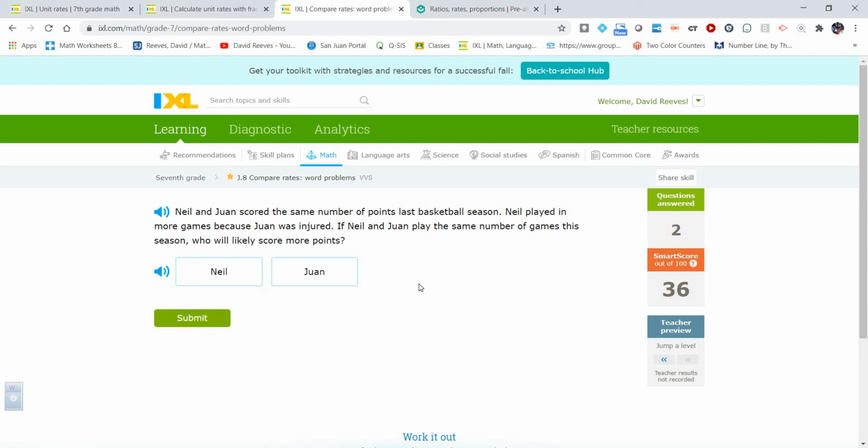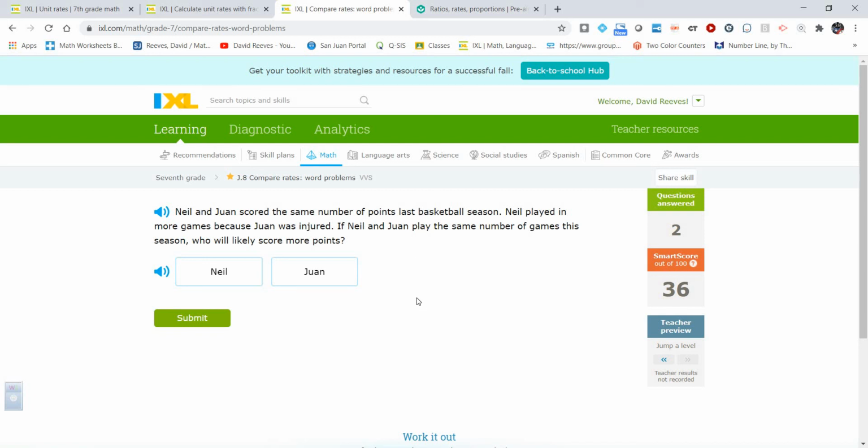Neil and Juan scored the same number of points last basketball season. Neil played in more games because Juan was injured. Okay, if Neil and Juan play in the same number of games this season, who will likely score more points? Well, if they scored the same number of points, but Neil played in more games, what does that mean?